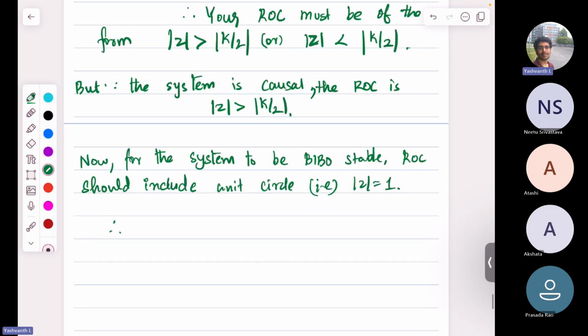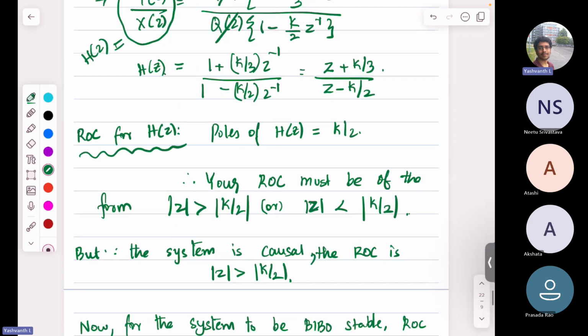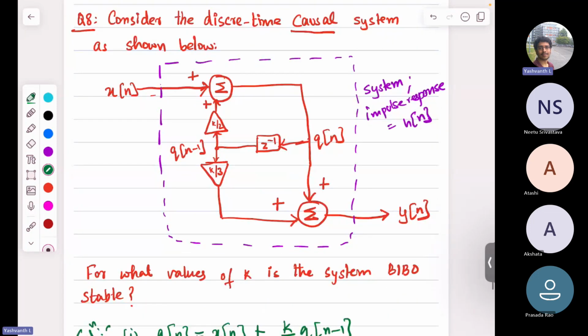Therefore, how should your k by 2 be? Your mod k by 2 should be strictly less than 1. What does it mean? Mod k must be less than 2. So for any case such that mod k is less than 2, this system, whatever we have drawn here, will be a BIBO stable system.